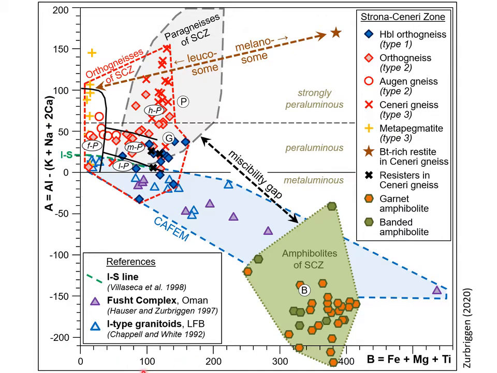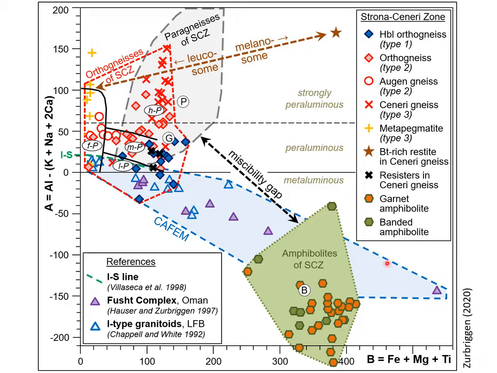Along the horizontal axis, we differentiate between leucocratic and melanocratic, or in the chemical language, the sum of iron, magnesium, and titanium, which are enriched in mafic rocks. So doing so with different batholiths, we see different patterns.